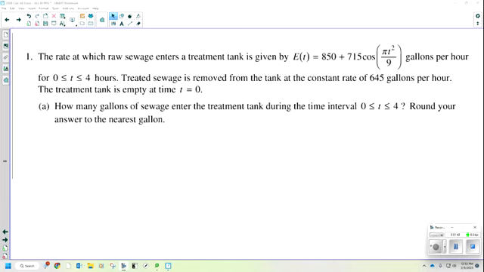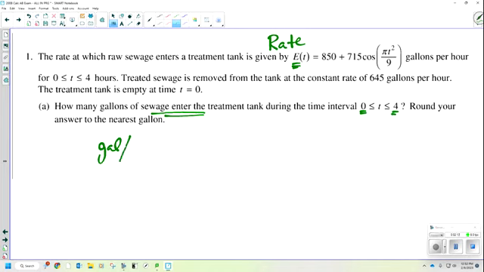1A, how many gallons of sewage enter the treatment tank during the time interval between 0 and 4? Okay, this is a relatively straightforward and easy problem to do because we have that calculator. We have a rate of sewage entering, in gallons per hour.